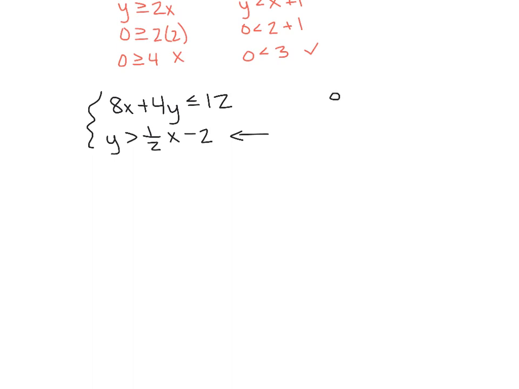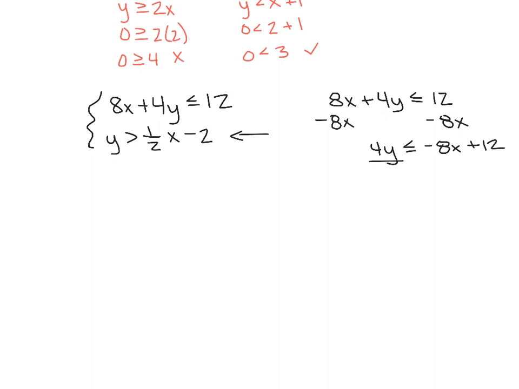So we're going to take 8x plus 4y is less than or equal to 12. We're going to subtract 8x from both sides, and we're still going to write it in the y equals mx plus b form. So when I rewrite the 8x on the right side, I'm going to put that first, and plus 12.